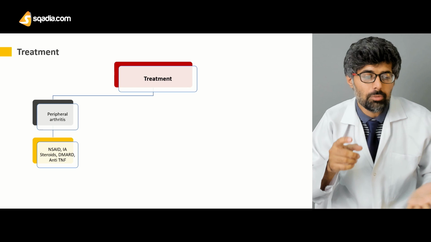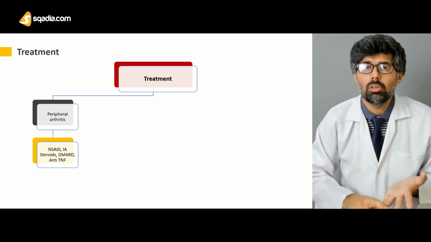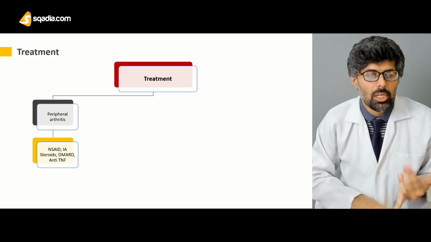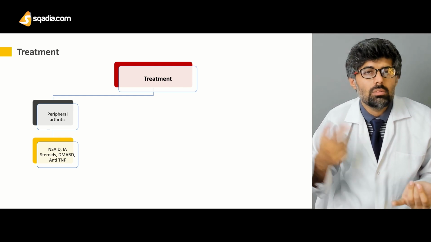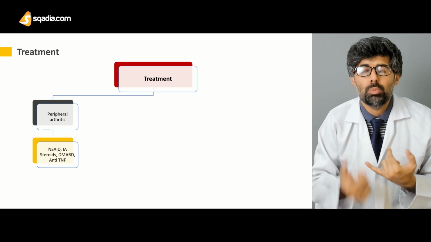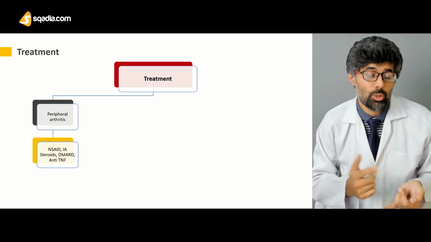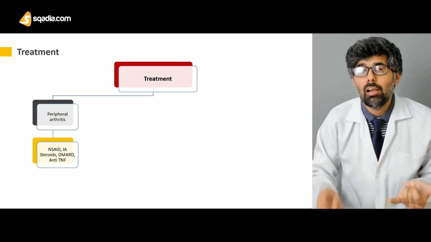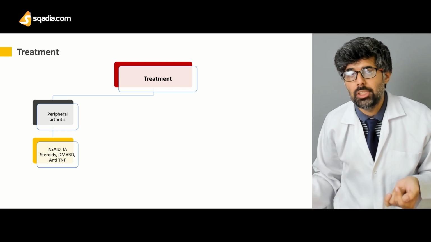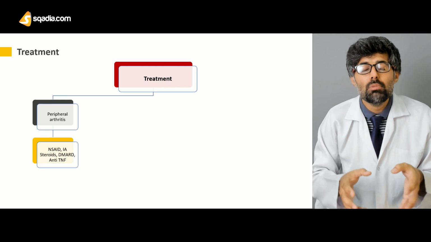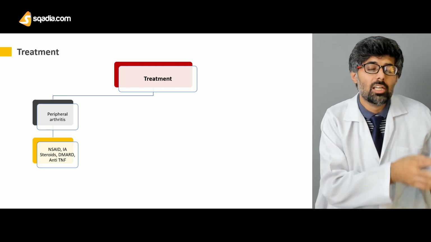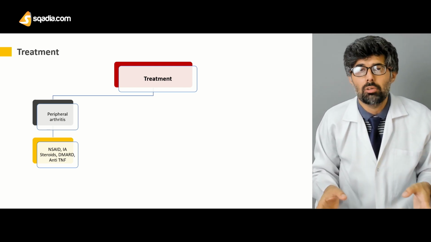It can be dealt with by using intra-articular steroids, by using disease-modifying drugs, and by using anti-TNF or tumor necrosis factor alpha monoclonal antibodies. Now all of these drugs in combinations can be used to tackle any kind of peripheral lesion or arthritis.